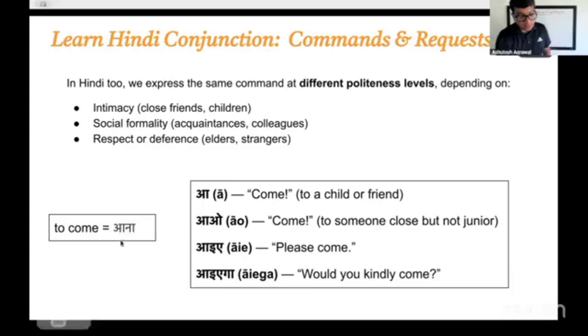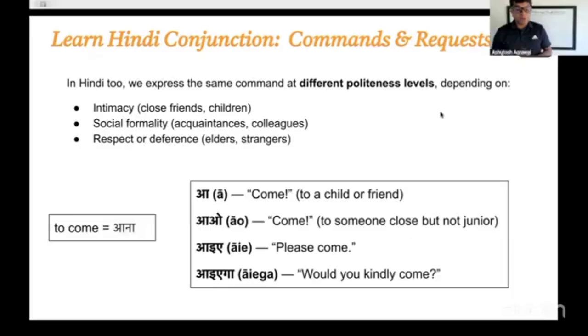So let's take a verb called to come, called aana, right? So how will we change? If you simply want to tell a child, come here, you will say idhar aa or just aa. If you want to tell someone close but not very close, someone you are not very junior to, you will say "aao."